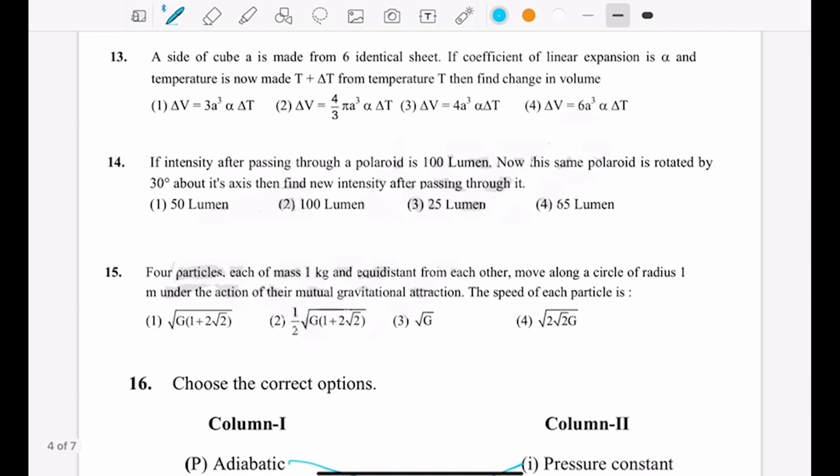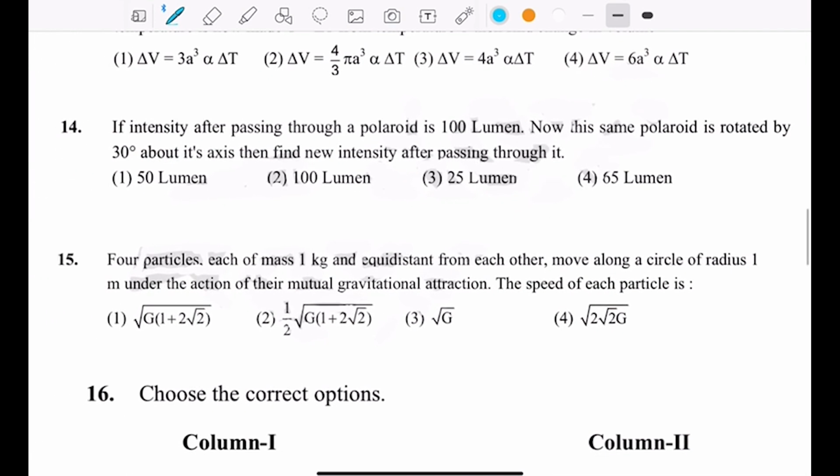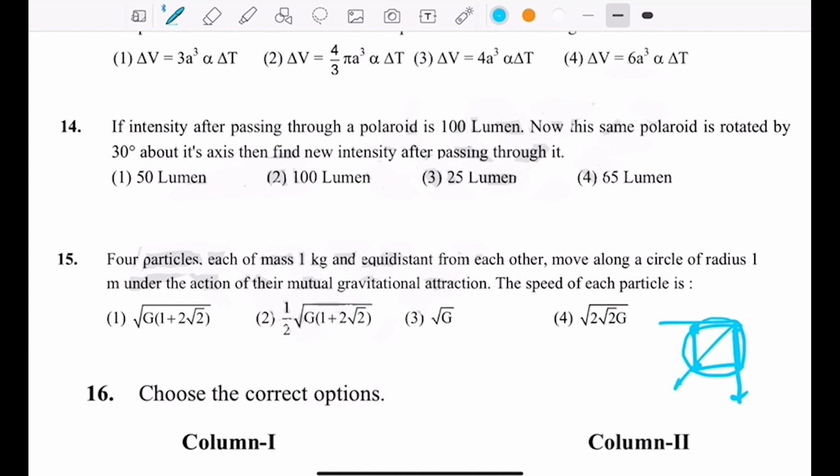Next, four particles, each of mass 1 kg and equidistant from each other, move along a circle of radius r under the action of their mutual gravity. Okay, four particles you have. They are going in a circular path. Now the forces. If I take this particle, centripetal force is provided by three of them. Let us say radius is 1, so this will be 1 and 1.